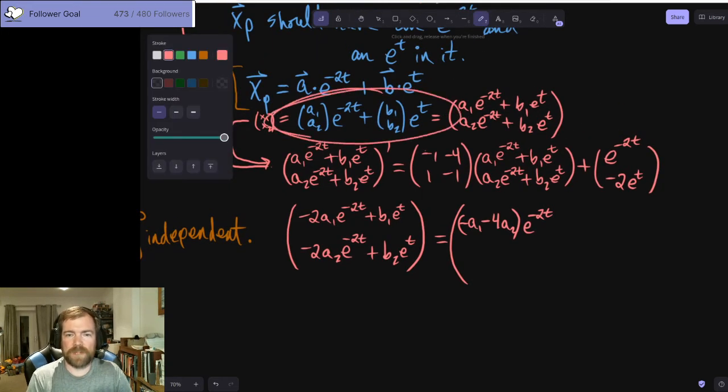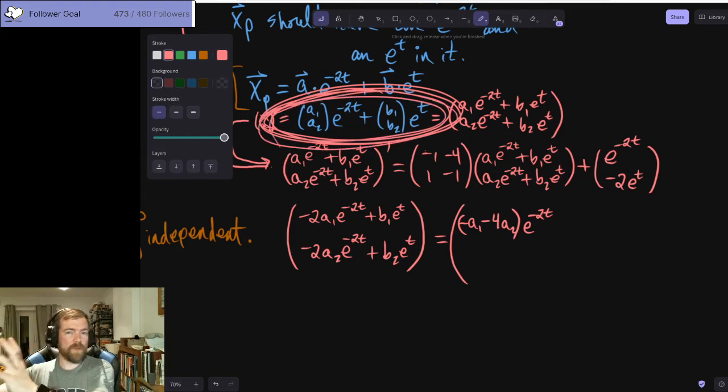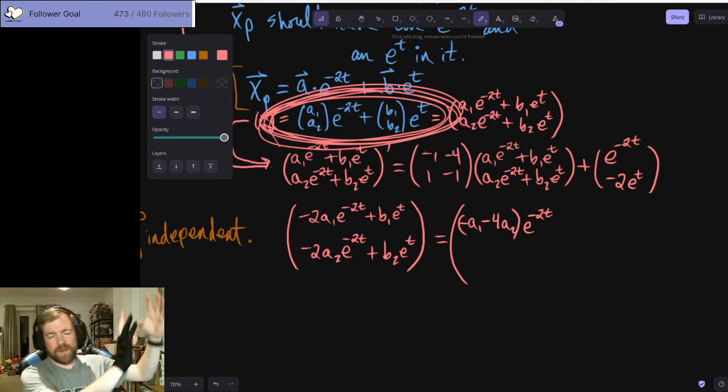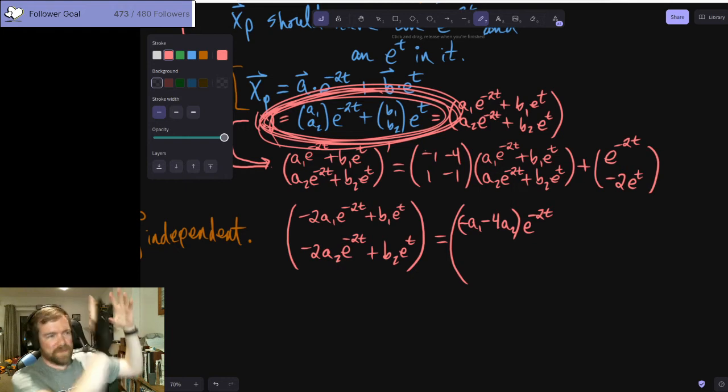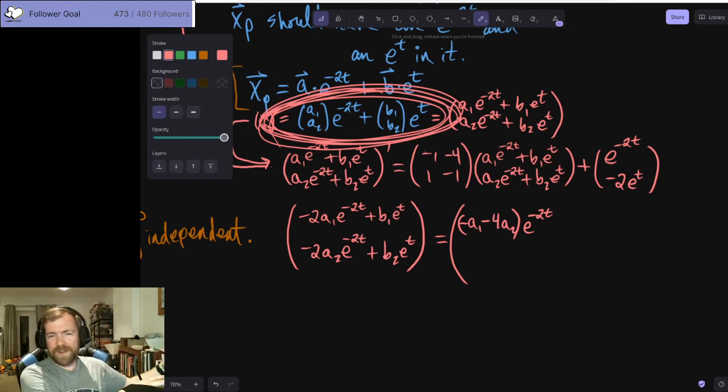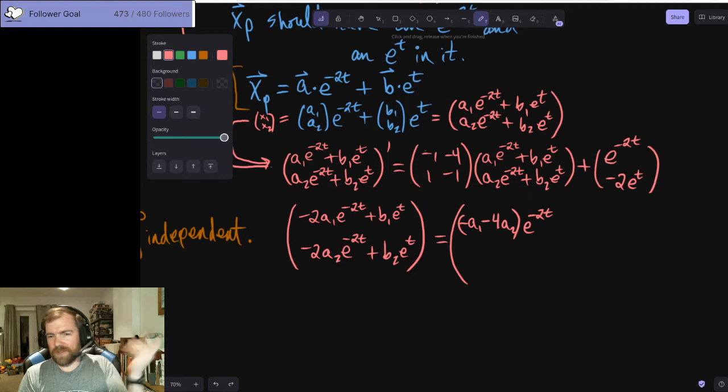So if you had left it as a1, a2 e to the negative 2t plus b1, b2 e to the t, as the separated added two vectors and then done matrix multiplication, you're just doing distribution. It's the same left distribution we were talking about before. It doesn't matter how you're organizing it.